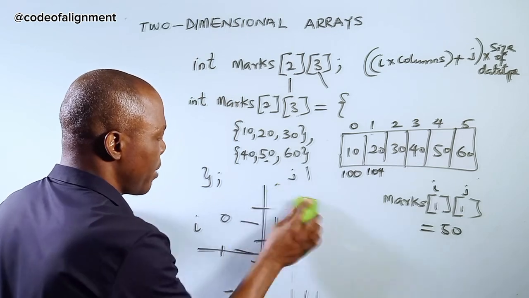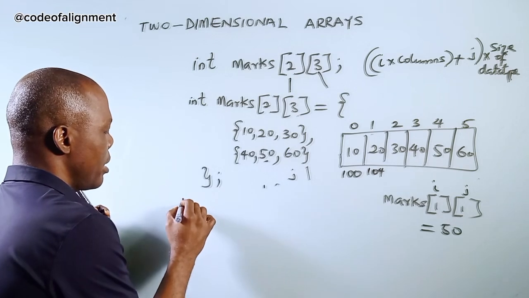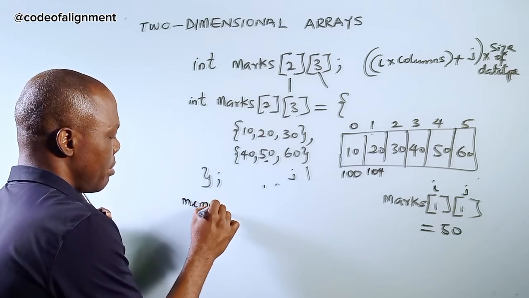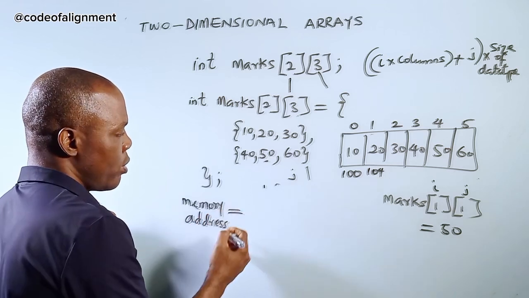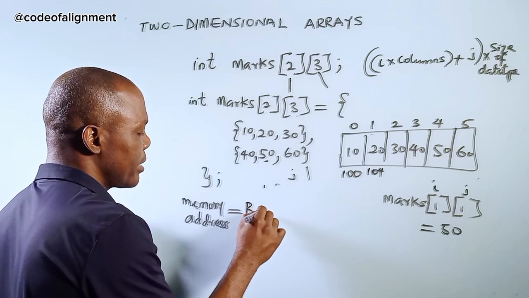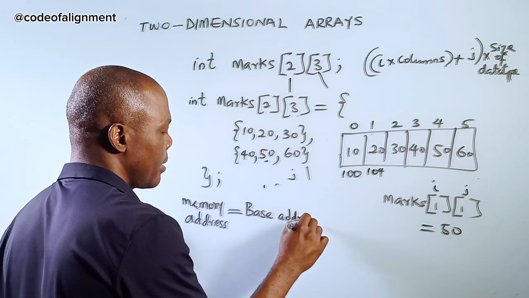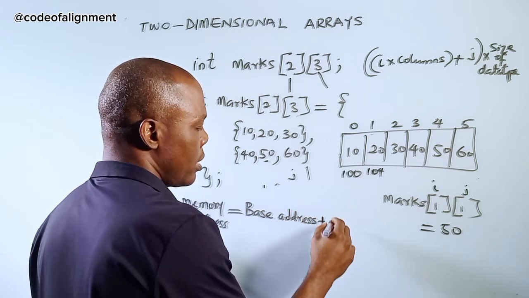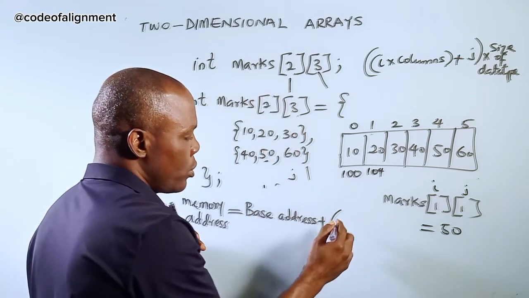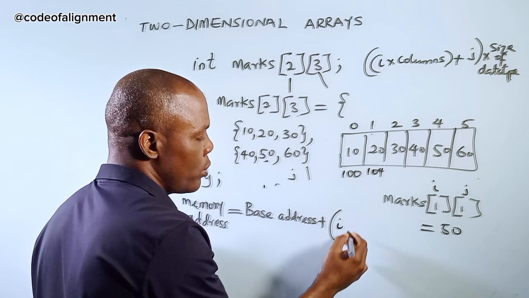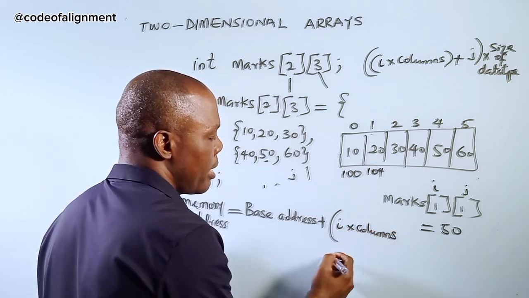Let's write the formula properly. It will be: memory address equals base address plus the row, which is I, the index for the row, multiplied by columns, right?